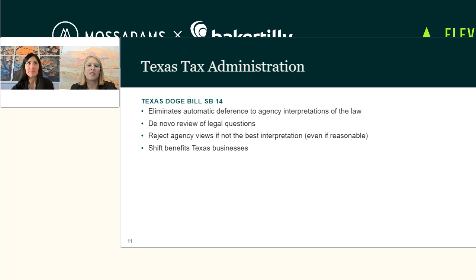Some of the efficiency changes are going to be very beneficial to taxpayers. As they work through the legal side of things, they're not necessarily going to have to rely on the comptroller's or the agency's interpretations, their regulations and rules. If it makes sense, they can, but it's not going to be required. So that's going to be a good fact pattern whenever we have poorly written regulations or quickly written regulations.